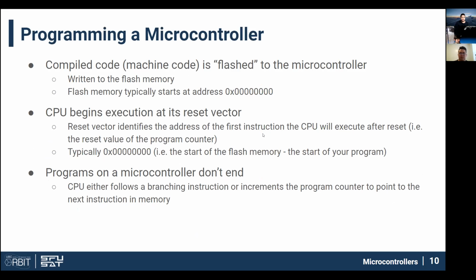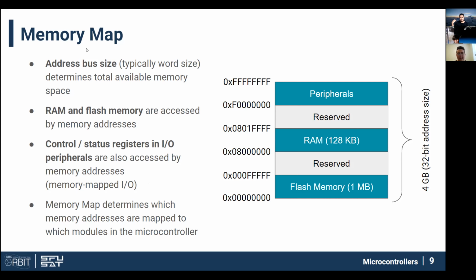Let's talk a little bit about how programming a microcontroller works. You compile your code, it becomes machine code, and we'll talk more about the compilation process. There's a question here: what are the reserved addresses usually for? They could be reserved for a future iteration of the chip where they maybe expand the size of different memories, or they could just be a way to create some separation between different sections of the address space.